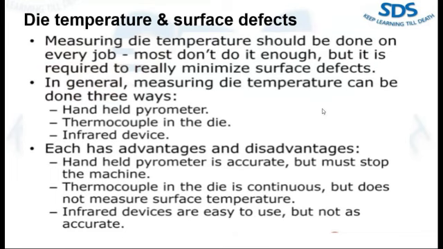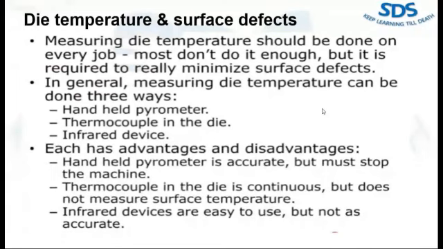Let's say you start the die and take a picture with the thermal camera. You can easily identify what area is starting to get hot, and if you run the die 1,000 shots or 5,000 shots, you can easily identify what areas are going to be damaged or get soldering or catching.